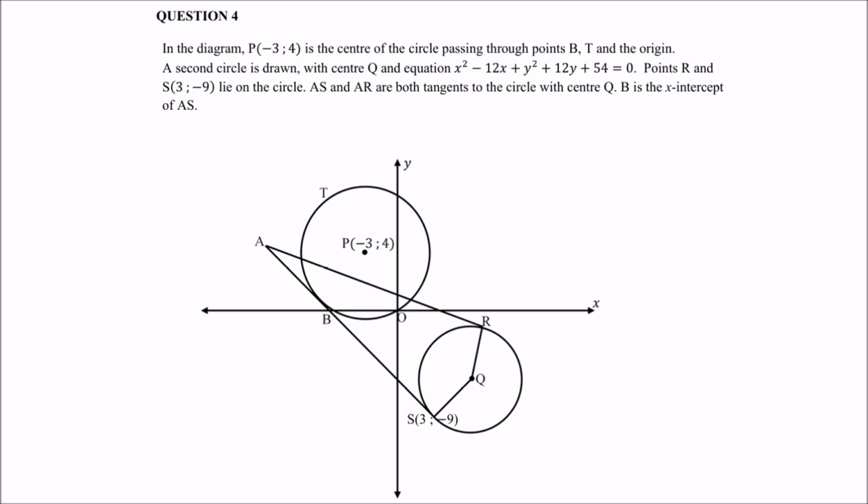A second circle is drawn with center Q, and its equation is given as x squared minus 12x plus y squared plus 12y plus 54 equals 0. Points R and S(3, -9) lie on the circle. AS and AR are both tangents to the circle with center Q. B is the x-intercept of AS.